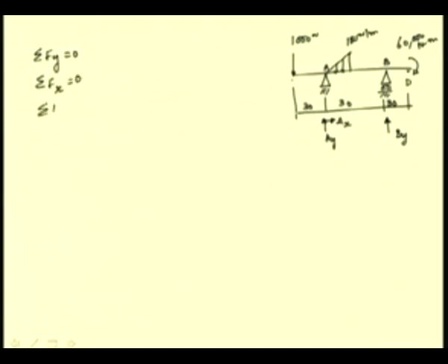Summing the moments about A and equating it to 0, we find that the reaction By has to be 1000 newtons and the reaction Ay has to be 1500 newtons, and we do not have a horizontal component of the reaction, that is Ax is 0.